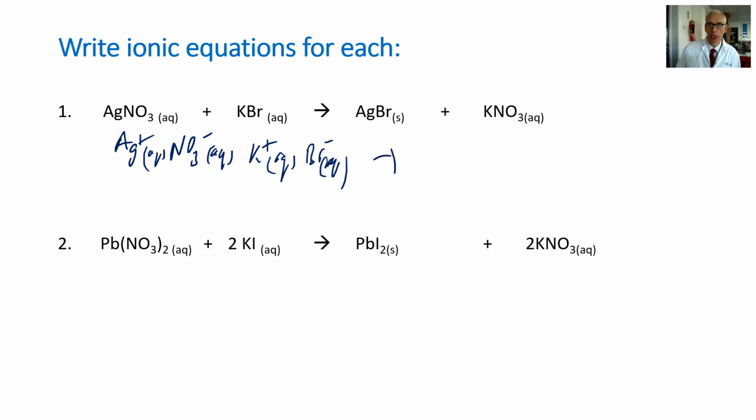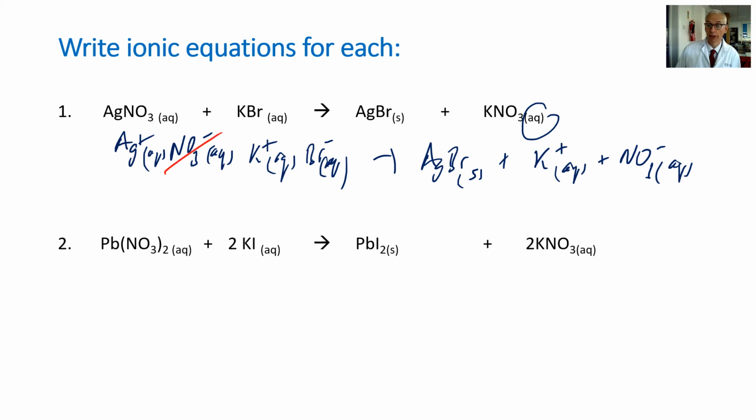On the right hand side, we are going to form a precipitate of silver bromide, but potassium nitrate is soluble, and therefore we get nitrate ions and potassium ions. Now, crossing out the spectator ions, I've got the nitrate ion left and right. I've got the potassium ion left and right. So that leaves me with silver ions and bromide ions, making silver bromide as my precipitate. So there is the ionic equation in blue there.